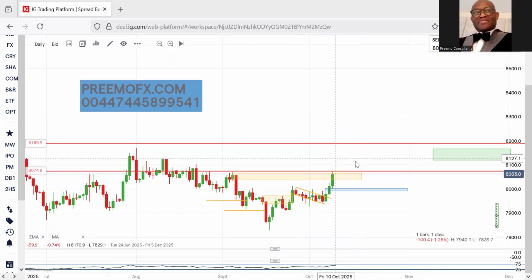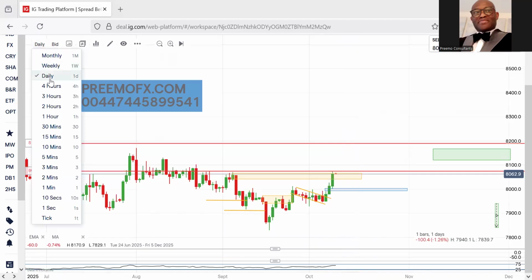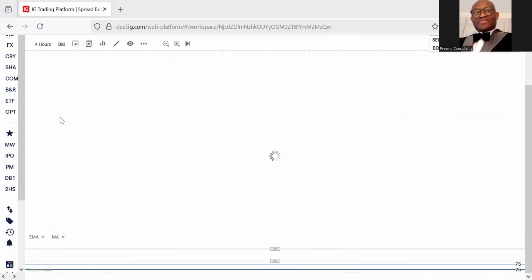Our game plan is to wait for a pullback here. Because we are sure that it has a 90% chance of coming back later, we're going to take a bearish position. So for that, we drop down to our charts.